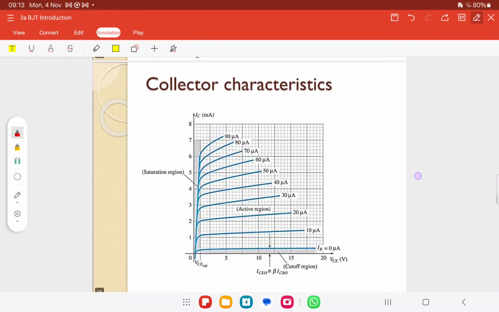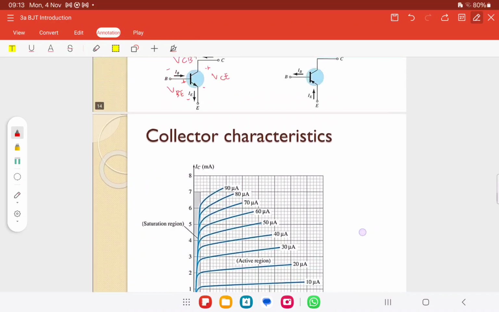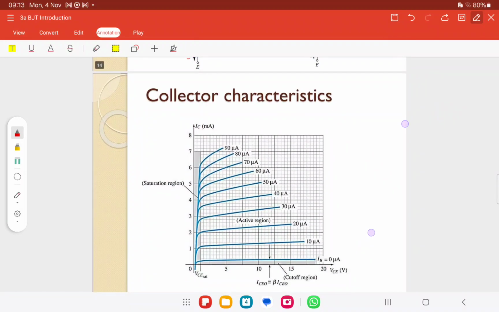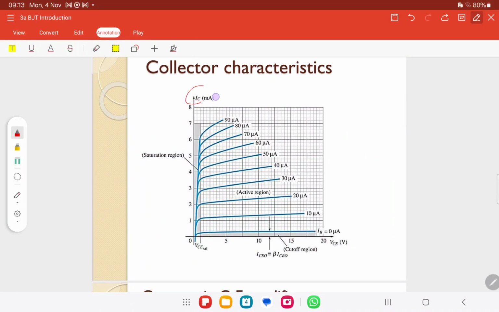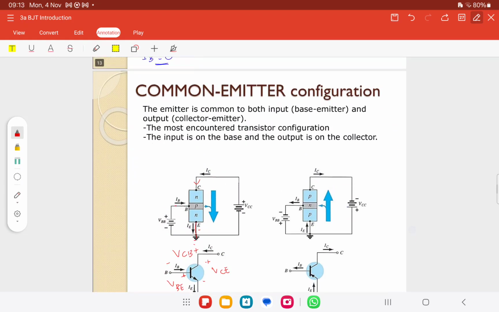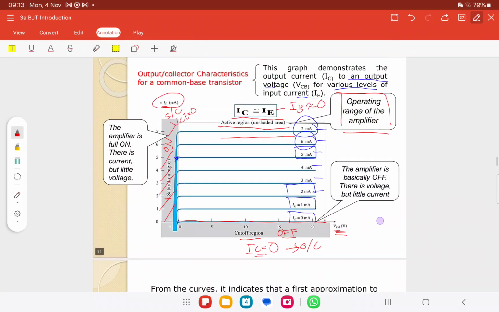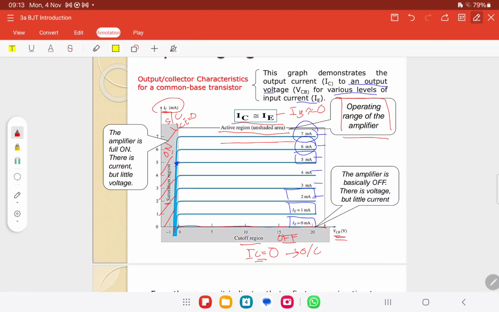And this is collector characteristic, IV characteristic for common emitter. IC and IE. Okay, this is saturation region, this is cut off region. As you compare this one dengan yang tadi, this one dia nak naik tu lambat, lepas tu dia maintain je.